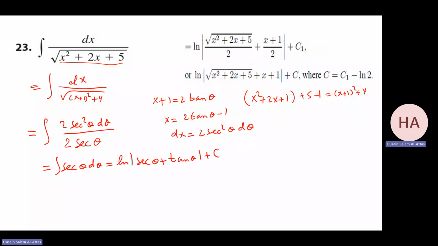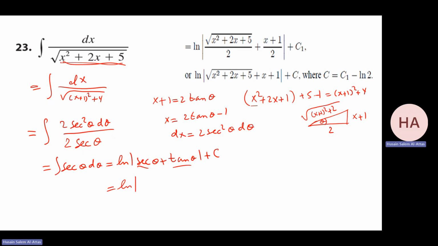I retain this now to x. I have tan theta is x plus 1 over 2. If they have the angle, tan is opposite over adjacent. So this one will be square root x plus 1 squared plus 2, which is under the square root. So I have ln, what will be secant?